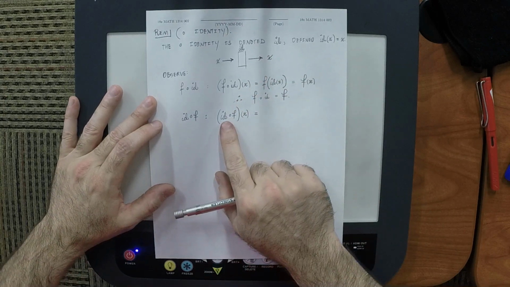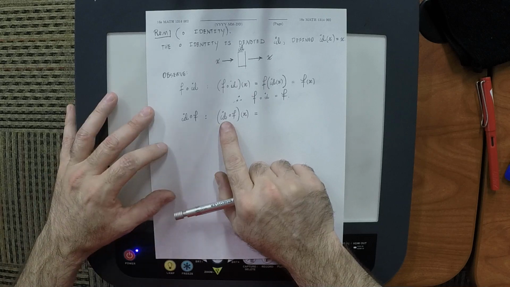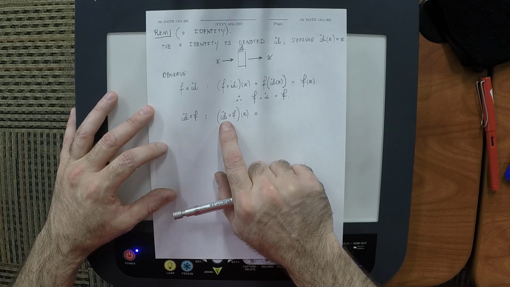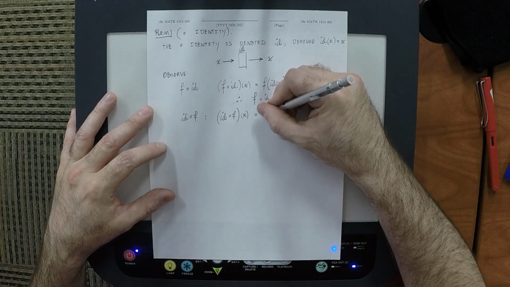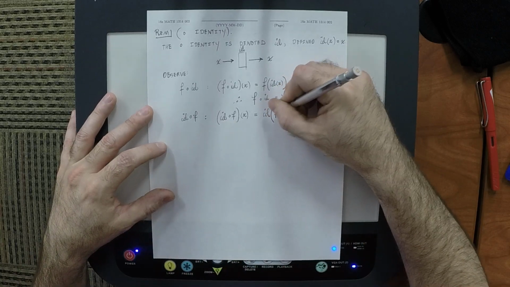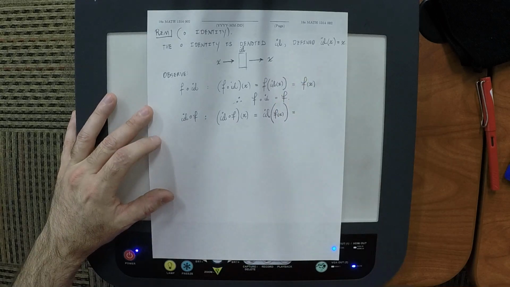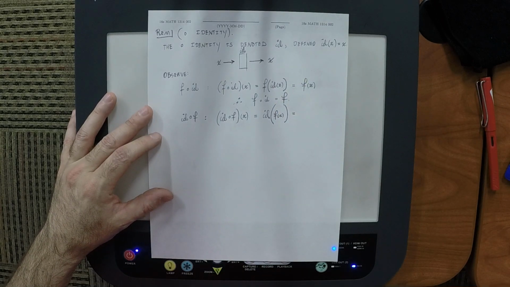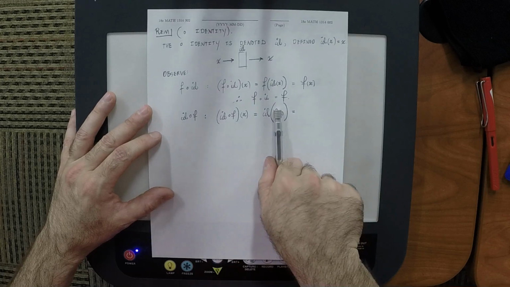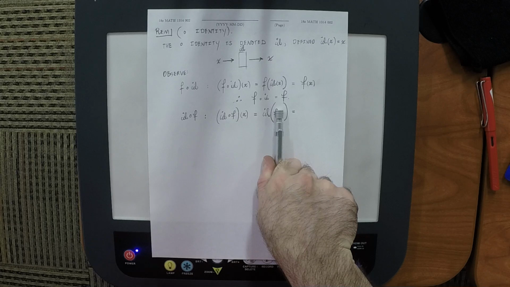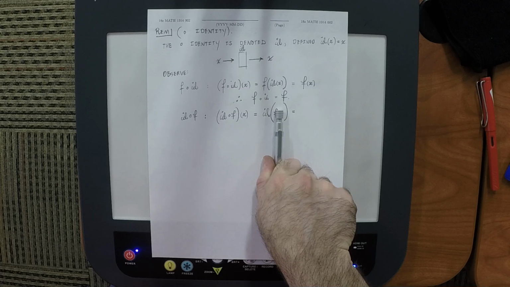Well, how can we write this without the composition operator? ID of f of x. And now, again, this is where the human pattern matching is both strong and weak. Whatever it is that I'm covering up, that's what's going to come back out, because that's what ID does. If you give it a giraffe as input, then that giraffe is the output.